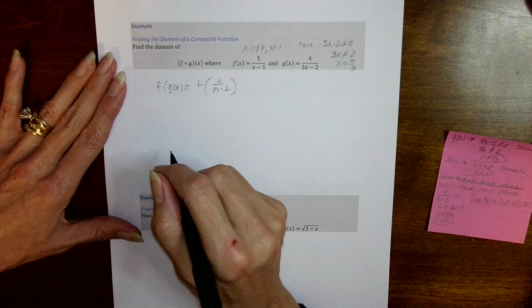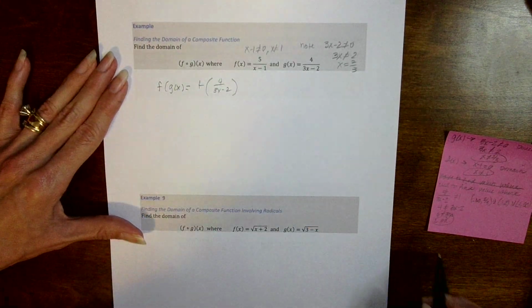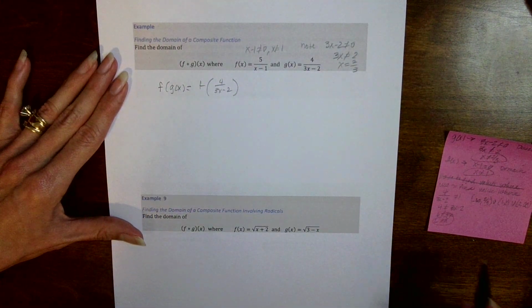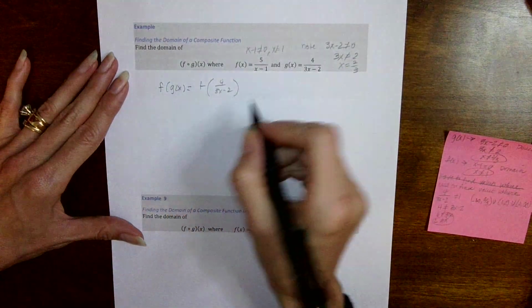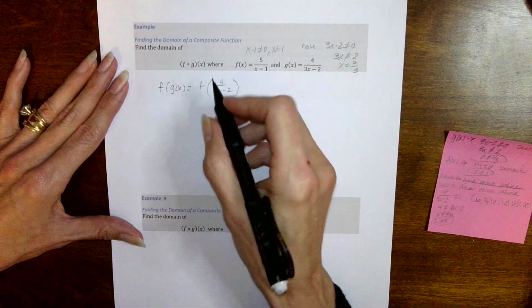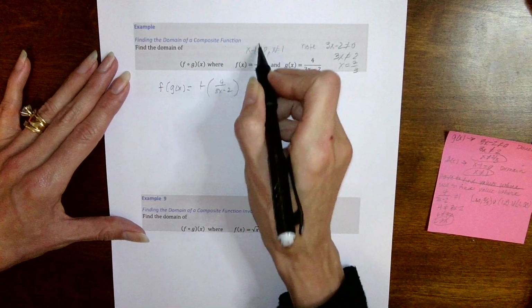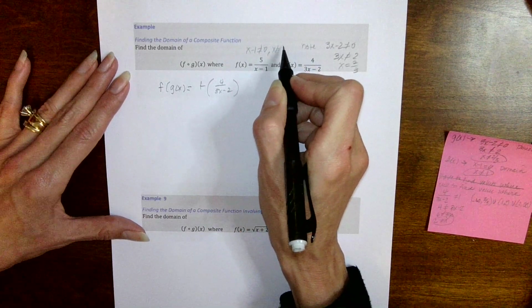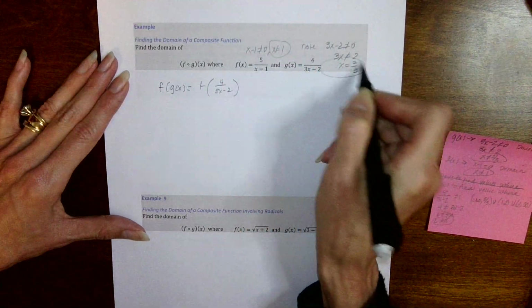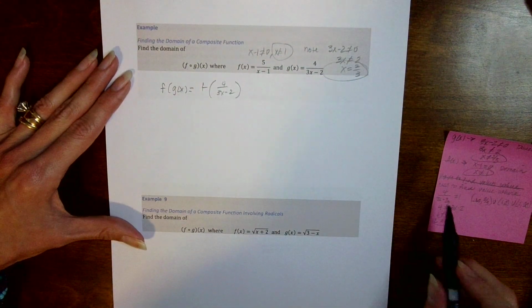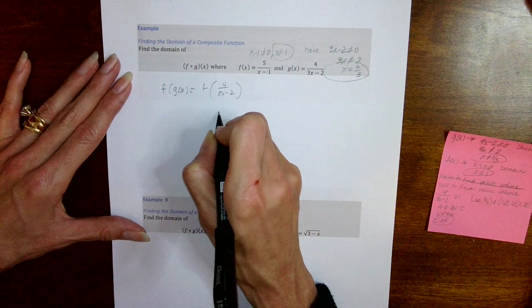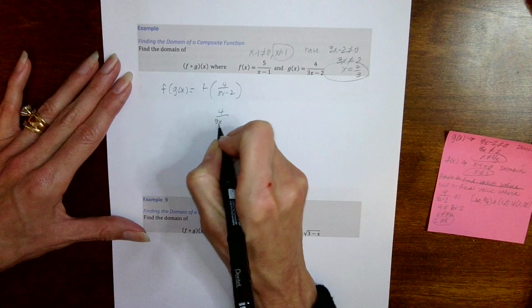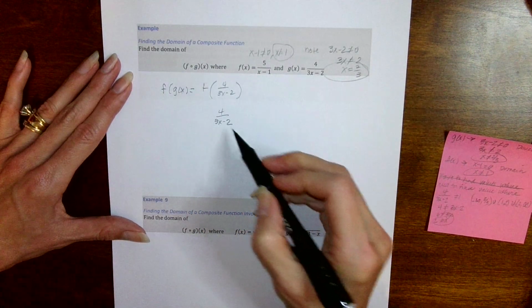So we have this, and we have this. And we know that 4 minus 3x minus 2 can't equal 0.